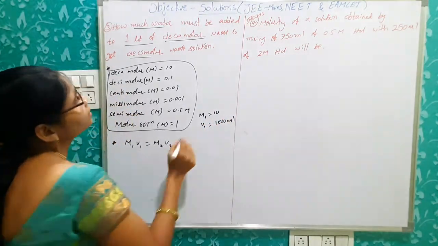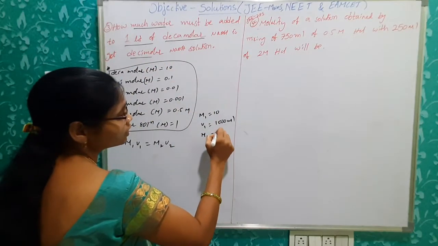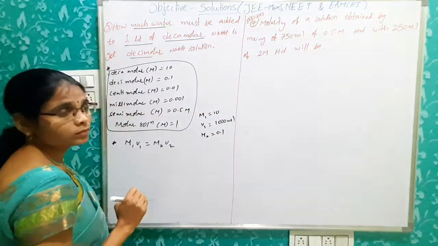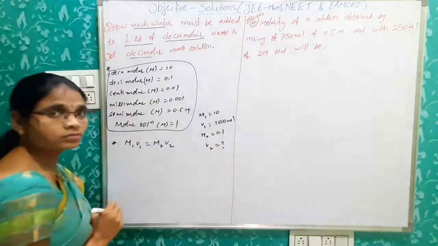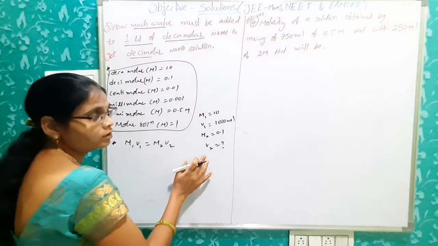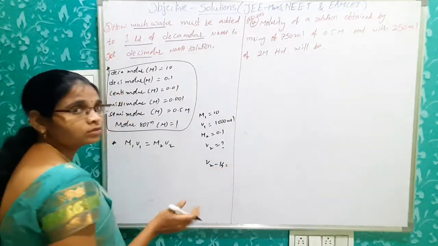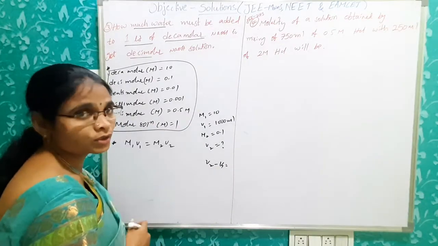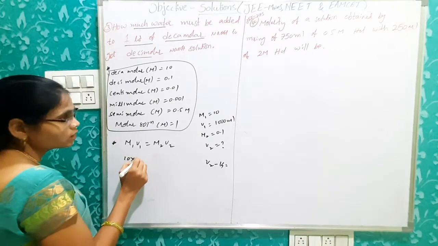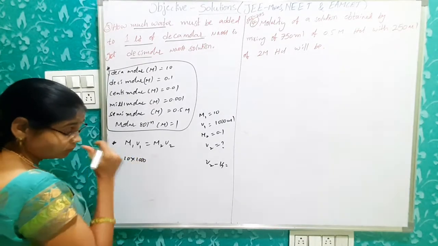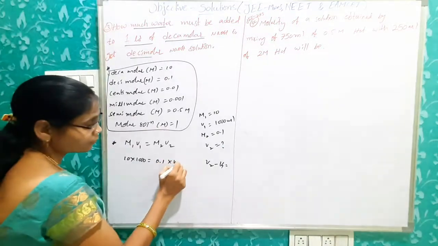Next, to get a decimolar solution, M2 is 0.1. Next, V2 we have to calculate. After calculating V2, V2 minus V1 gives how much water should be added. Now see here, 10 into 1000 is equal to 0.1 into V2.